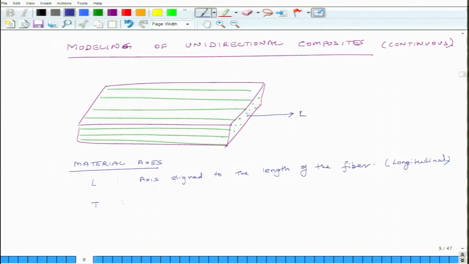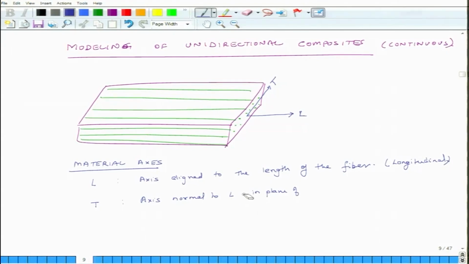Then the T direction, so I did not draw it correctly. So, the T direction is the axis normal to L in plane, and it is shown as indicated.